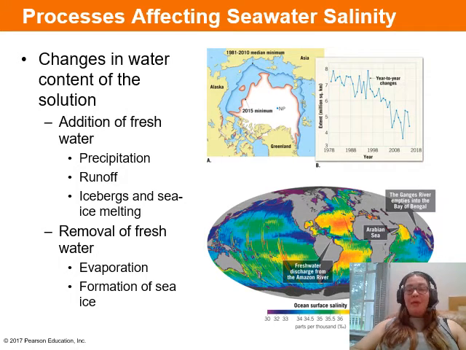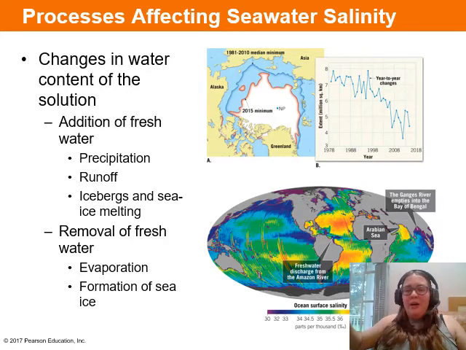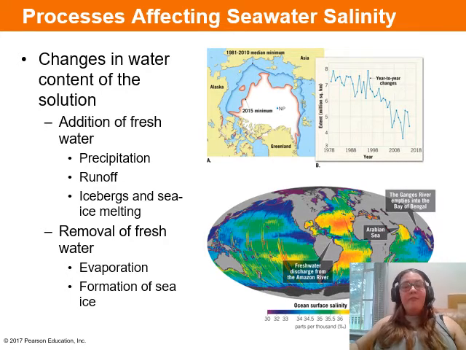And once I pop that ice cube out, I'll notice that there's going to be a crust of salt left inside of the tray. And that's because as salt water freezes, it kind of pushes out all the salts, and only fresh water freezes. So once we start melting all of these glaciers and all of the solid ice, it's just releasing fresh water back into our oceans, and therefore decreasing our salinity.